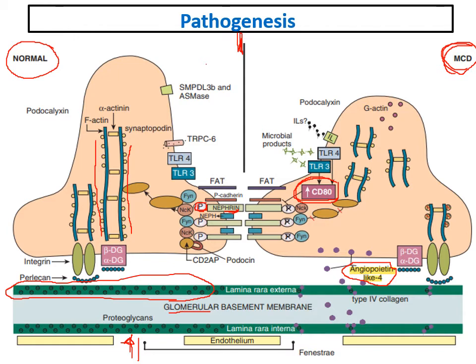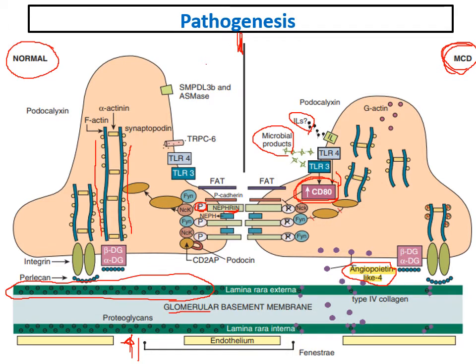What happened? It is suggested that microbial products and interleukins interact with toll-like receptors 3 and 4, leading to overexpression of CD80.